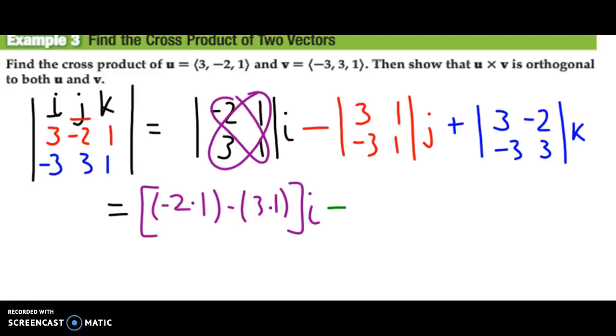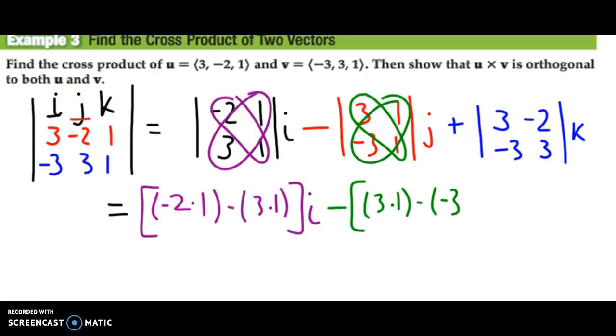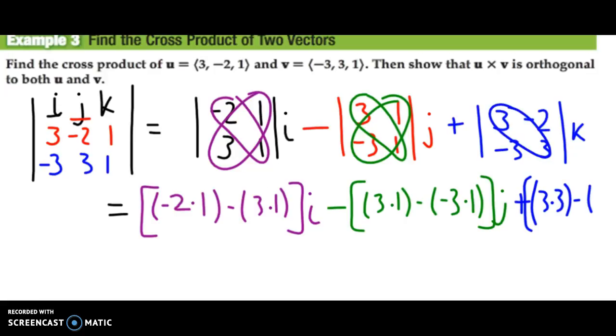Then I subtract 3 times 1 minus negative 3 times 1, and that's my j component. And finally, I add my k component, which would be 3 times 3 minus negative 2 times negative 3, and that's going to be my k.